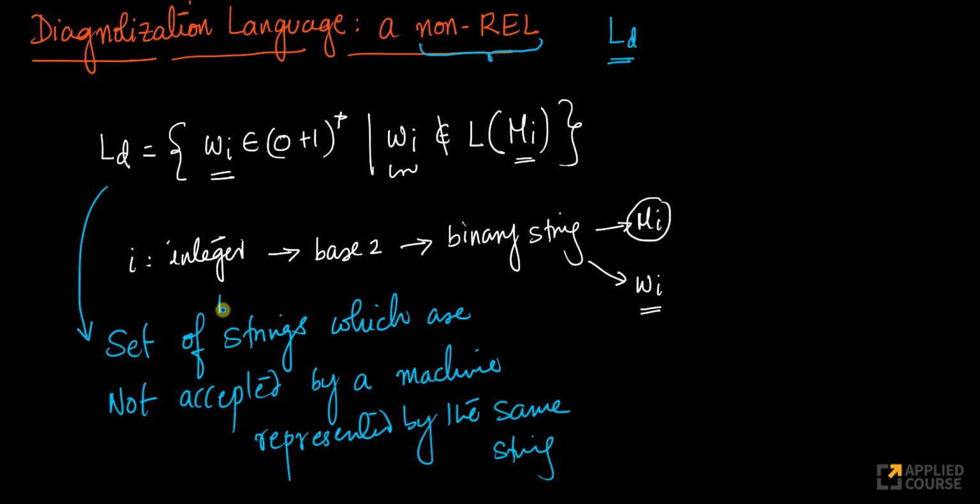Let's be more clear here. It's a set of binary strings such that when I interpret the binary string as a machine, is this word not accepted by that machine or not?